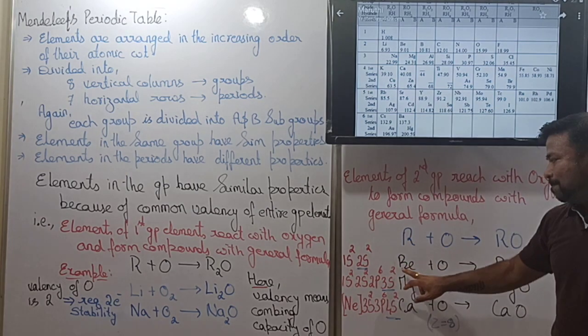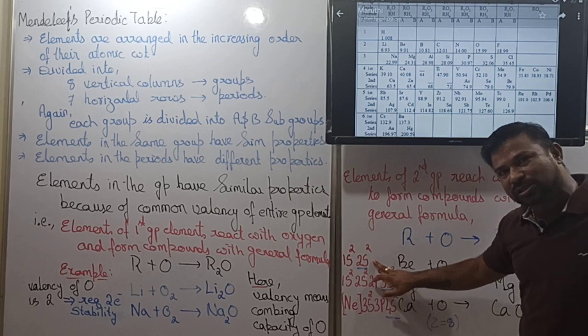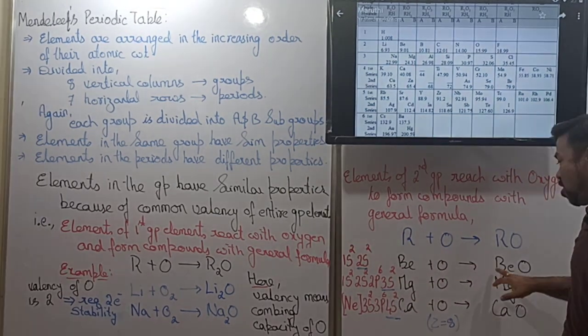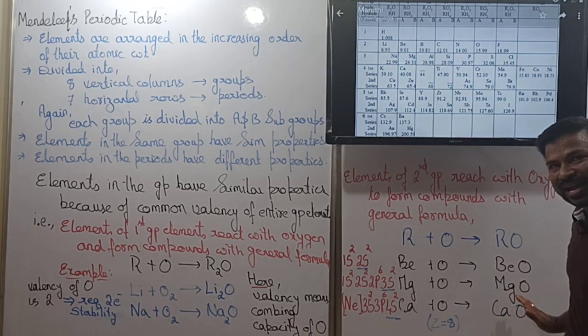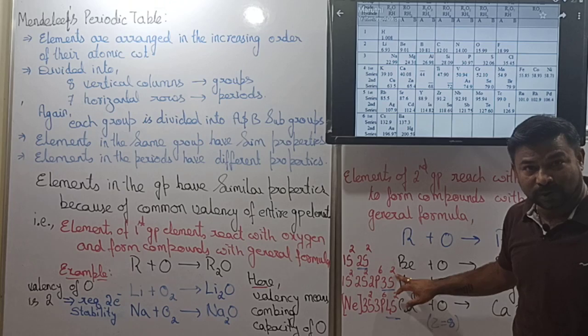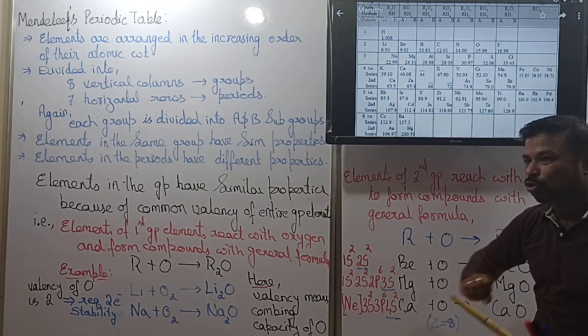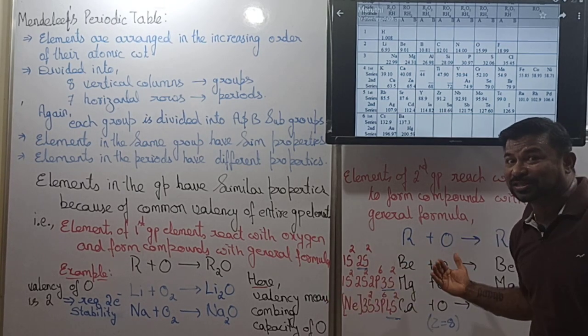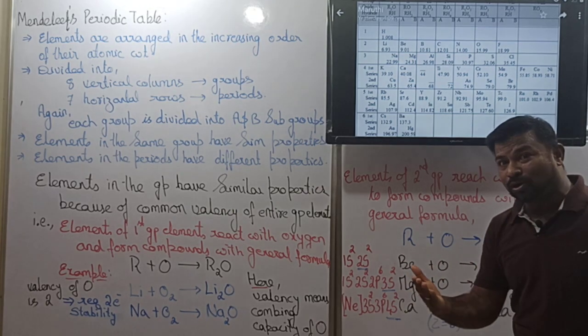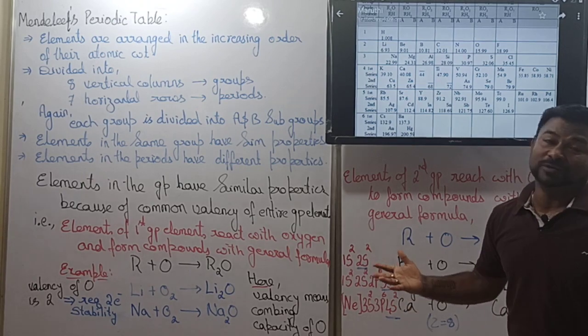Now, beryllium, which has 2 electrons in the outermost orbital, is ready to give them to oxygen and form BeO, beryllium oxide. In the same way, magnesium, which has 2 electrons in the outermost orbital, is ready to give 2 to oxygen. Why? Because oxygen, atomic number 8, if it gets 2 more electrons, will become like neon, which is also stable.